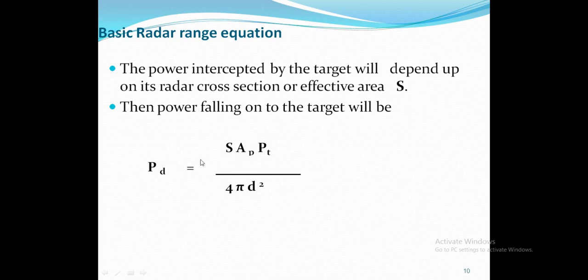Here S is the radar cross section area or effective area.